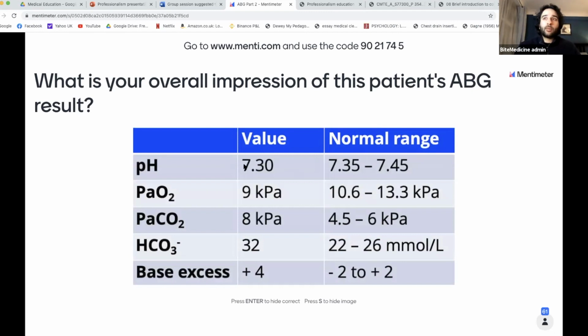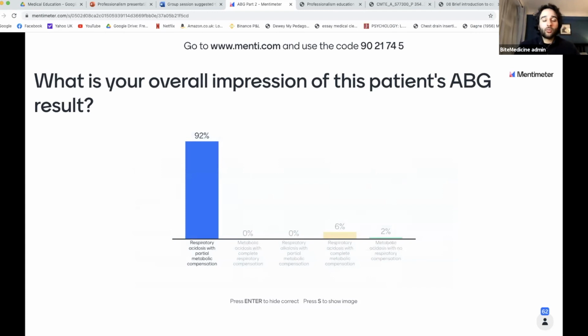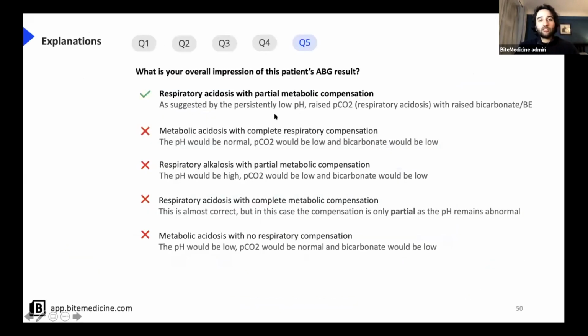This would be complete compensation if the pH was now within the normal range, but it isn't, and therefore that is why it is partial metabolic compensation. So well done, everyone. Almost 95% of you got that correct. So that's good to see. There we go. Respiratory acidosis with partial metabolic compensation. Brilliant.